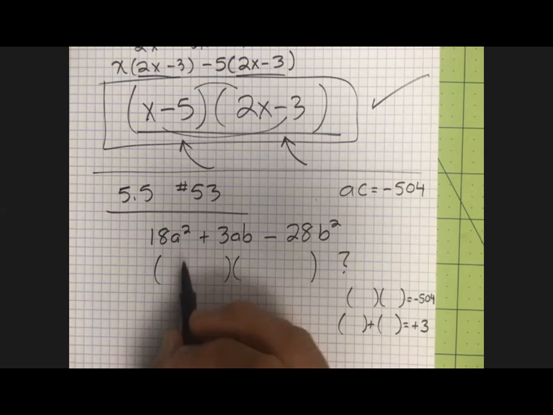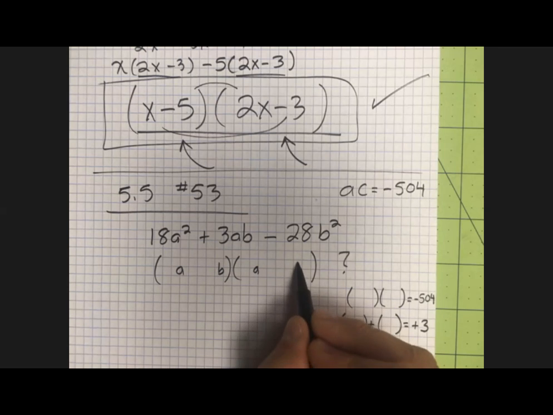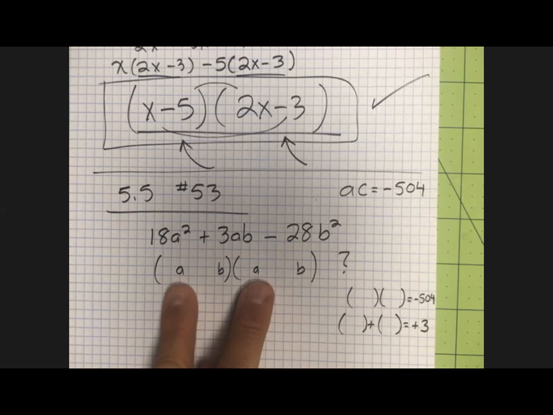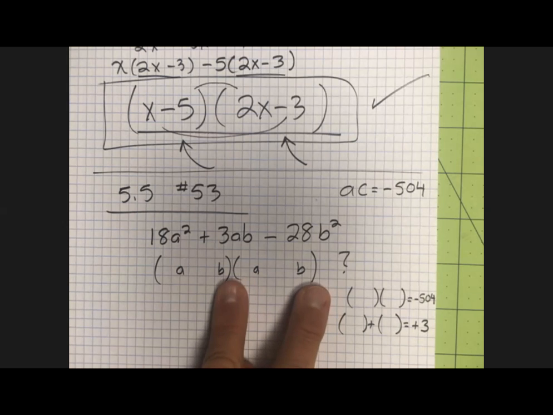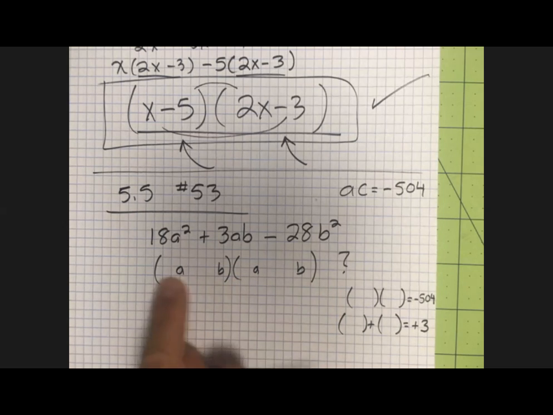Forget about the a's and b's. I'm going to put an a in the front and b's in the back. What I need is the numbers that go in front of them. Those give me an a squared, those two give me a b squared, and in the middle, I get ab and ab. I need the numbers.